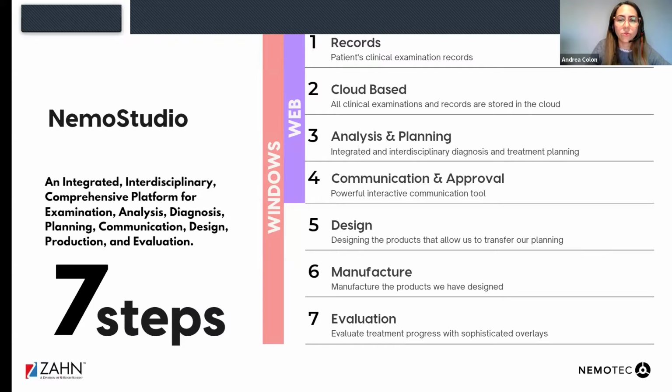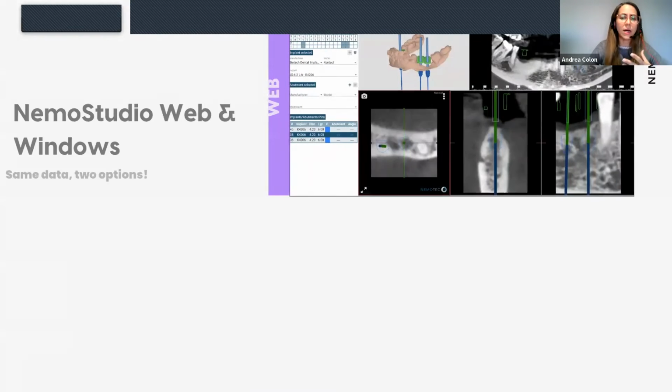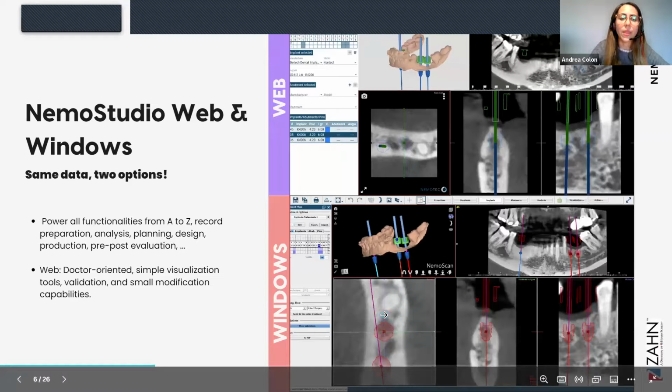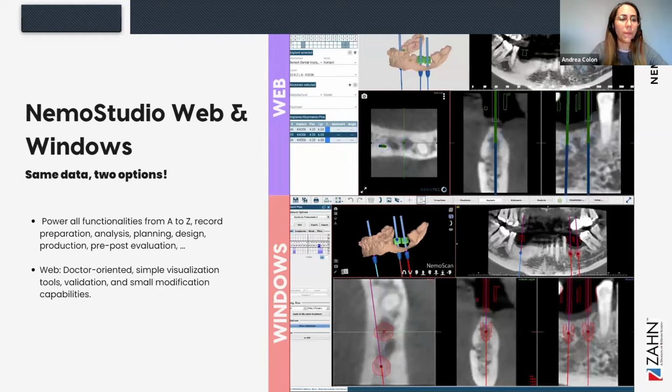All these functionalities come in two different formats: the Windows application and the web. In the Windows application, you have all the power of the platform. Here you can do everything from diagnosis, preparation, planning, and manufacture.